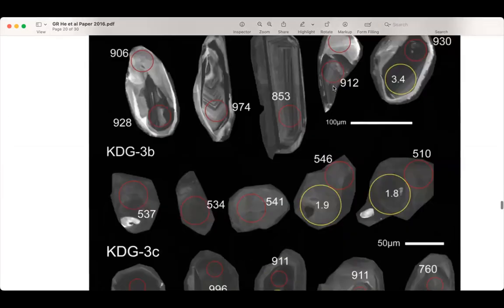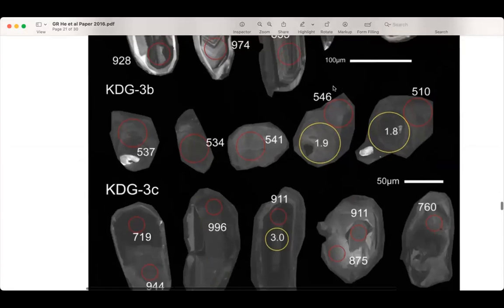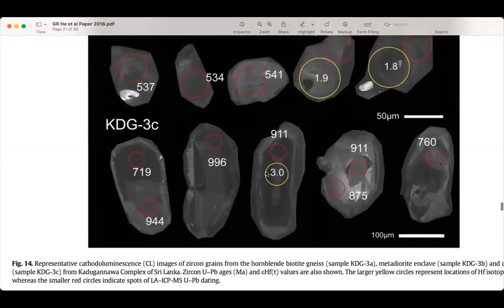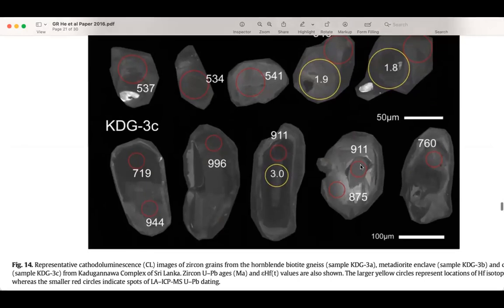Okay, so these are some examples. So you see some ages here, 911 Ma, and here 875 Ma. So another event has happened at 875, so that has caused this core to grow.